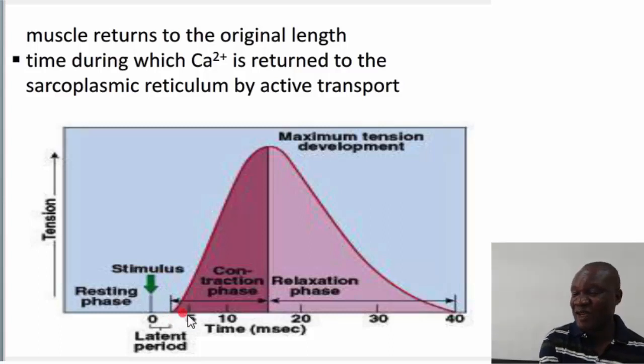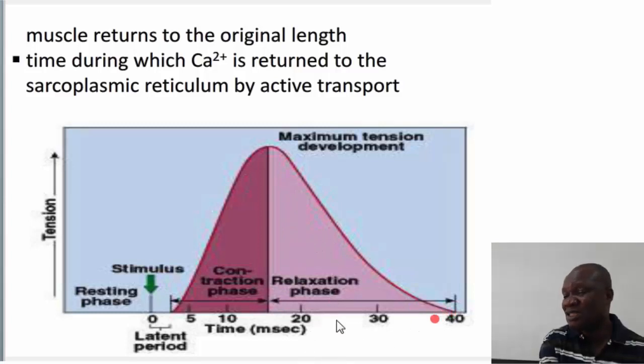The second phase is the contraction phase, where the muscle will shorten. Then the third phase is the period where the muscle will get back to its original length, which is the relaxation phase.